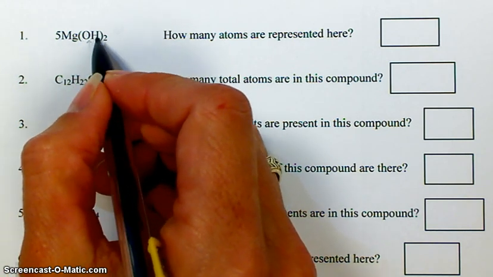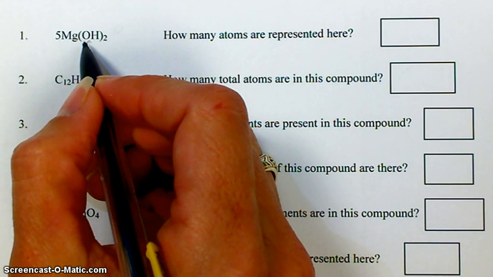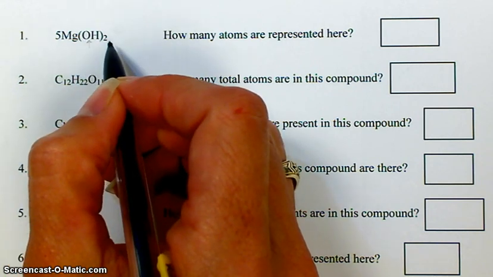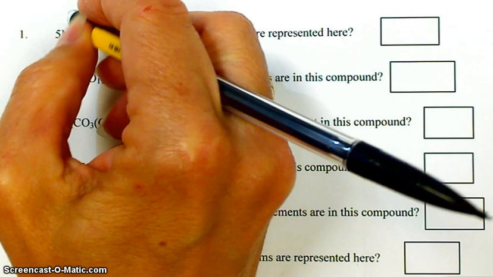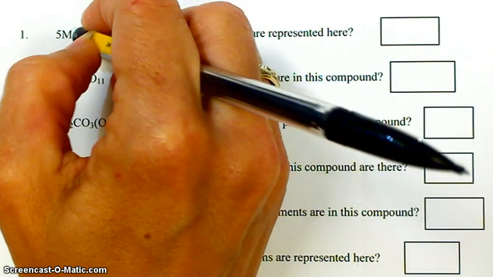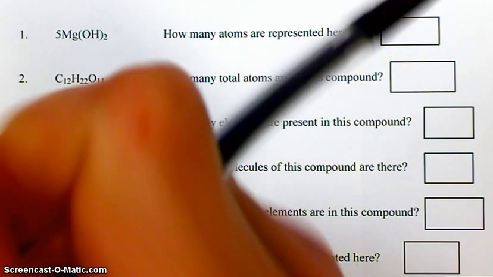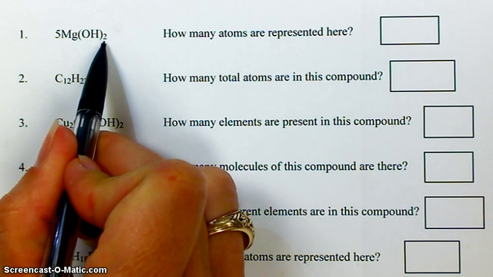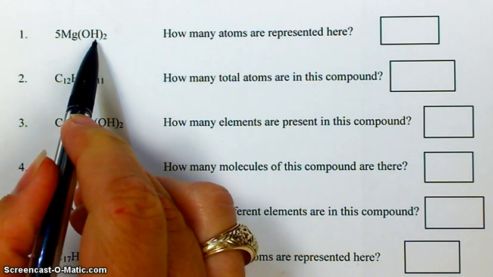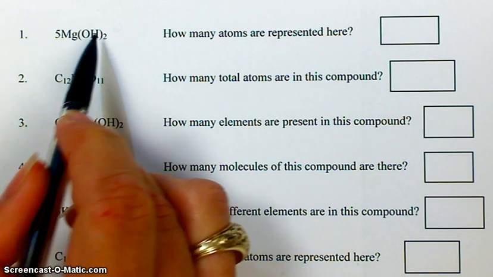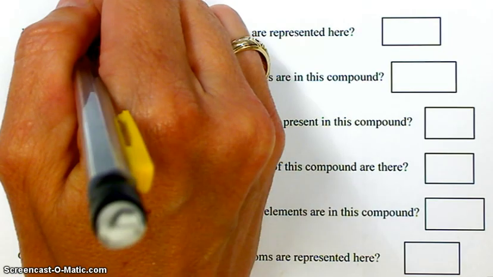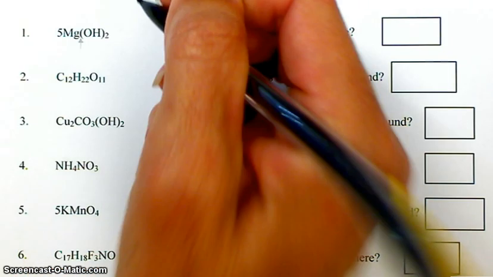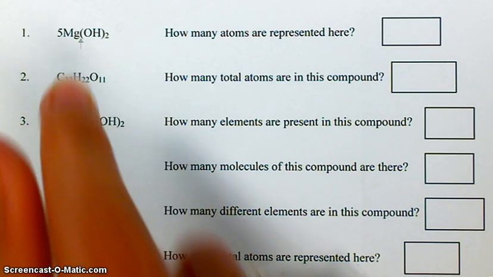But anything inside the parentheses, just like math, is multiplied by whatever subscript we have outside the parentheses. Okay, so let's see if we can get started. By the way, let me remind you that this subscript only applies to the parentheses. If magnesium had a subscript, it would be right there. But there is no subscript for magnesium.